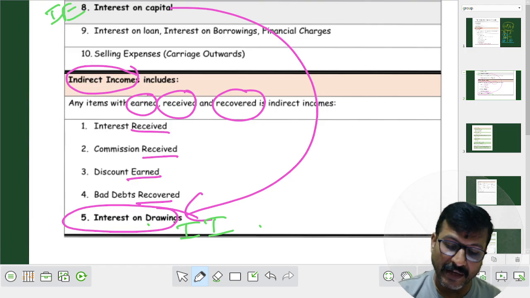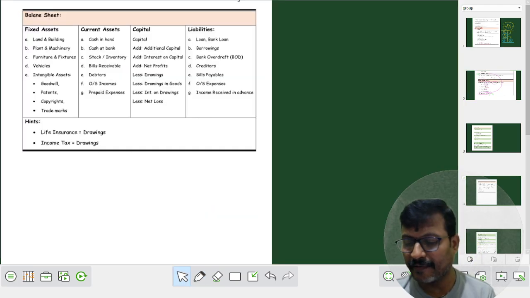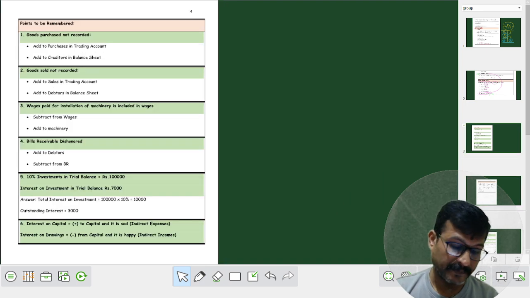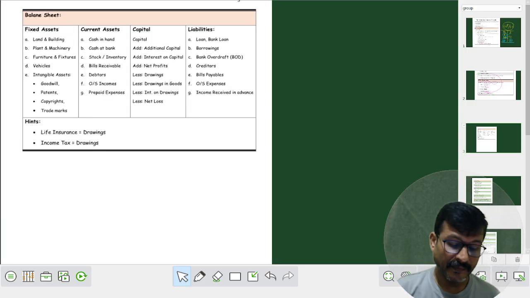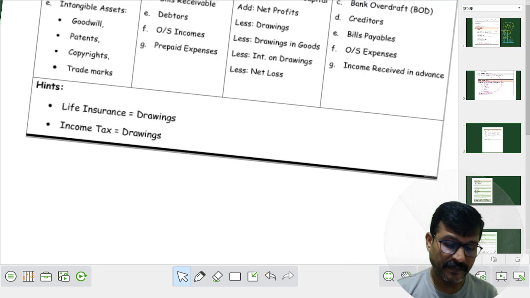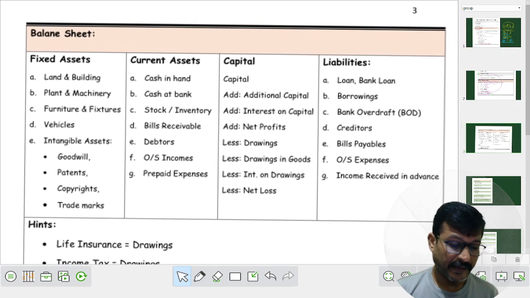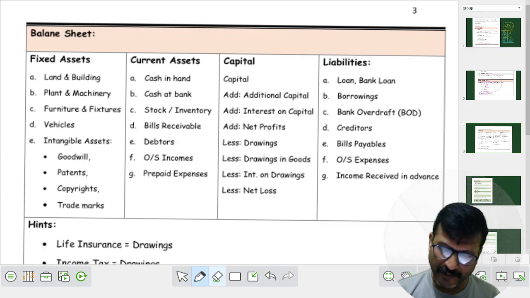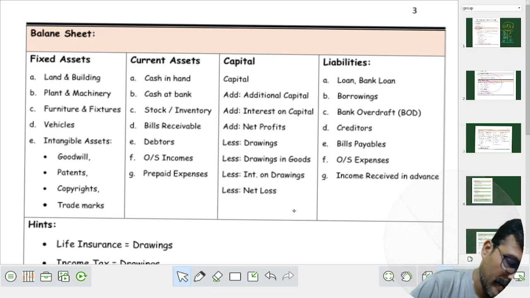After this, we have a next one. That is the balance sheet. See, in the balance sheet, it includes what? Balance sheet is purely based on our accounting equation. What is our accounting equation?